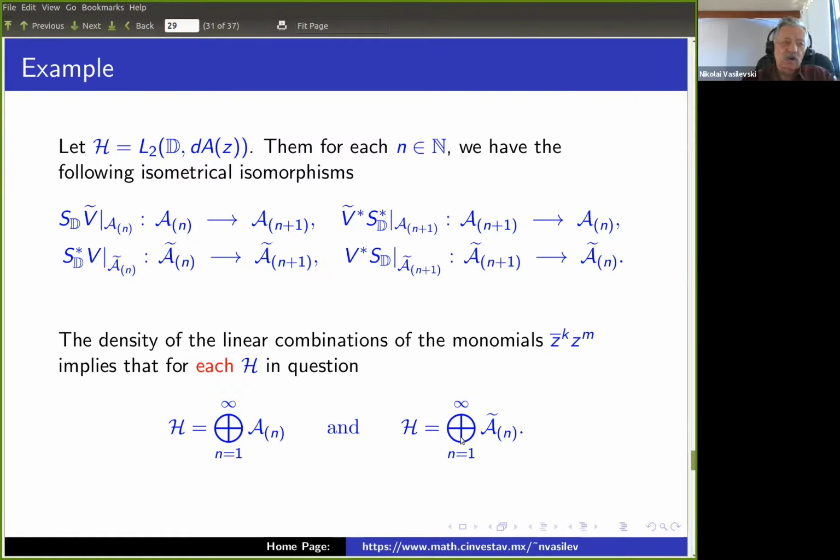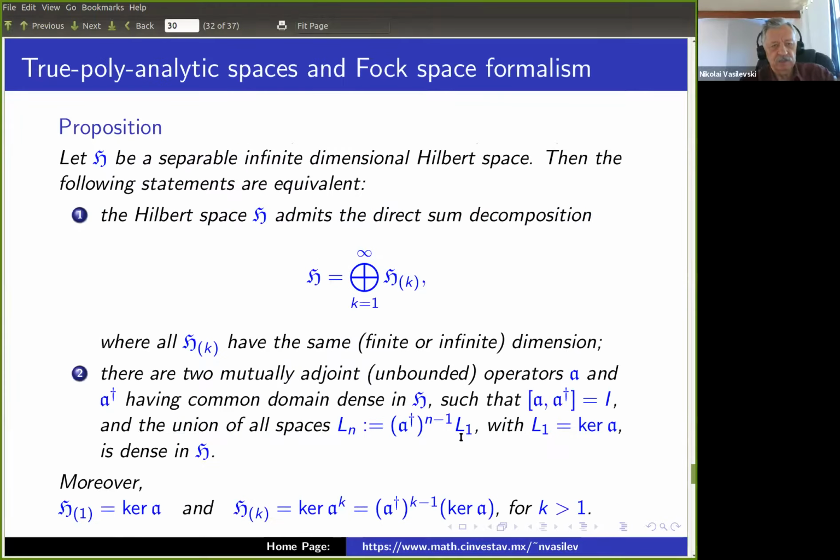So the question is, was it a particular case of Fock space, or is this a generic situation? And it's a generic situation. Let us consider the following proposition. Let H be any separable infinite dimensional Hilbert space. Then the following statements are equivalent.